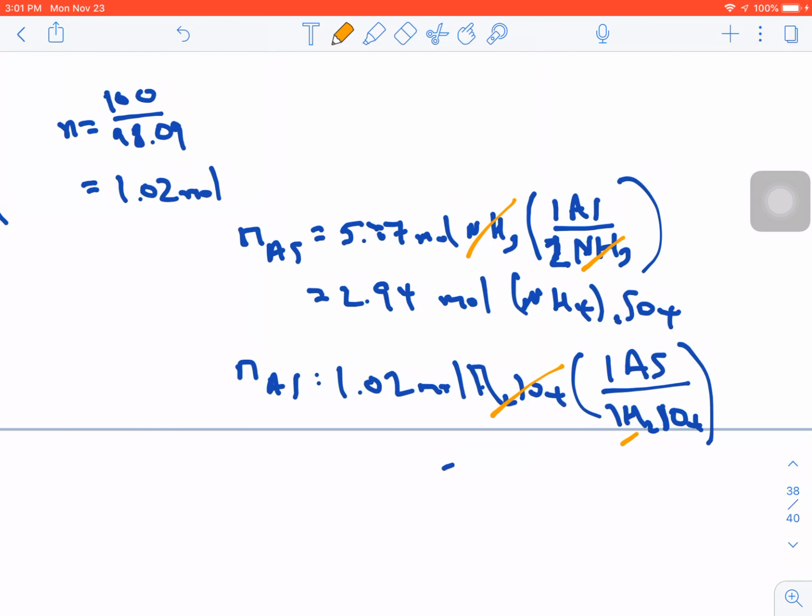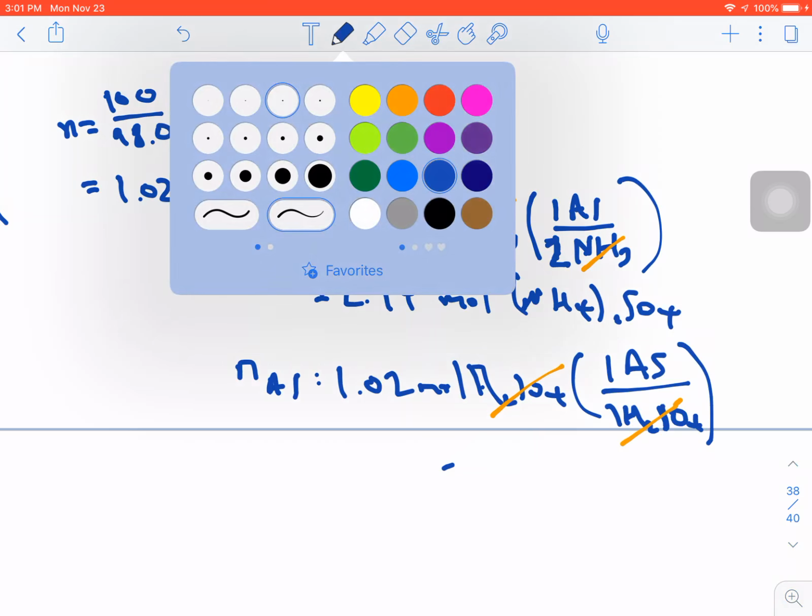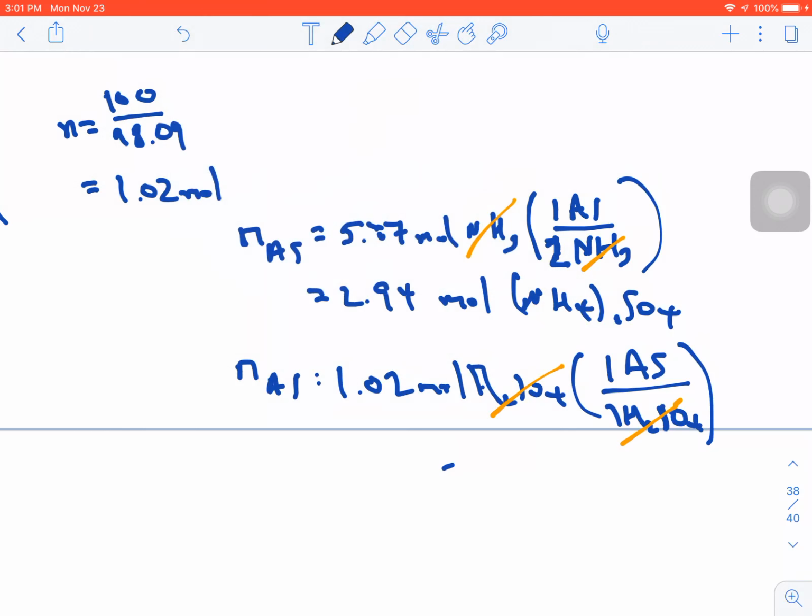Hydrogen sulfate and hydrogen sulfate cancel, and I'm left with 1.02 moles of ammonium sulfate, (NH4)2SO4. So now I'm going to look for which one's going to run out first, which one is lower.